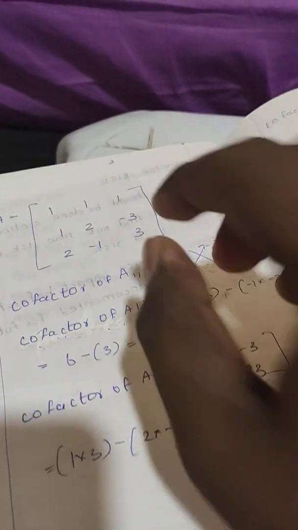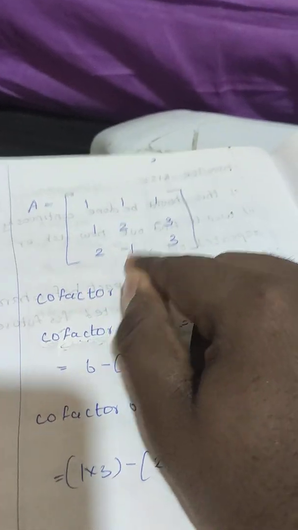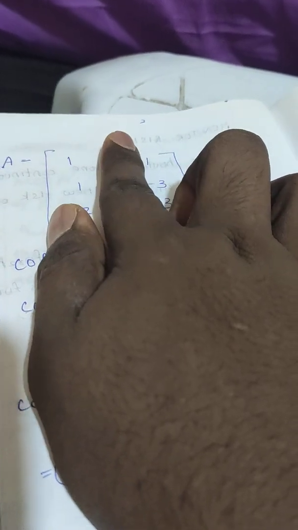Now here it is third row and second element. Here it is minus 1. So here it's going to be a minus value because every alternate element will have a minus value. So I'm going to cover this and I'm going to cover this. It's going to be 1, 1, 1, minus 3.